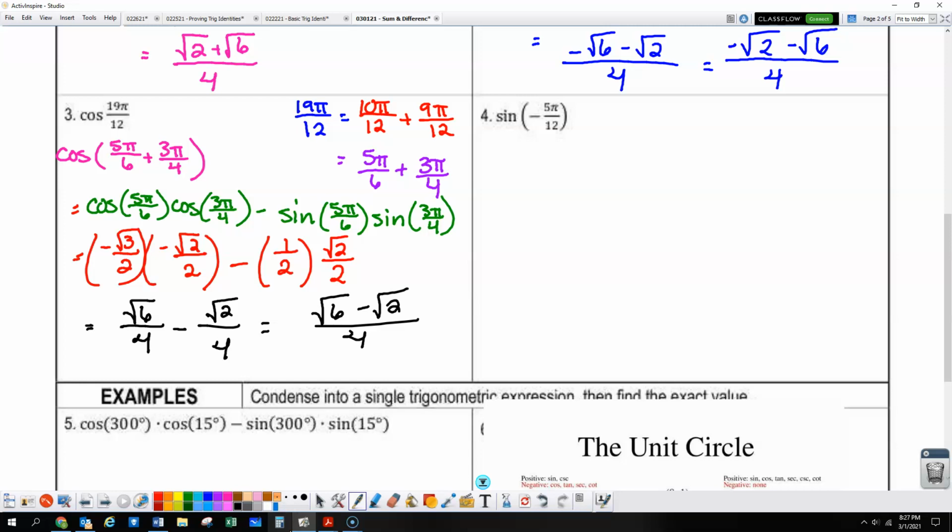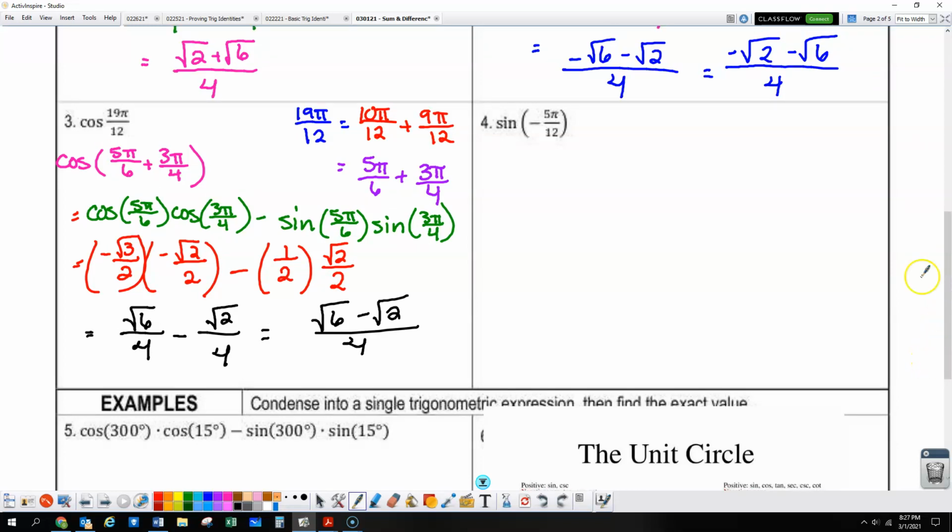If you notice, it is negative. So we are more than likely going to have to use a difference angle. So we might have to subtract. All right, number 4. So I have negative 5 pi over 12. So again, I have something pi over 12.